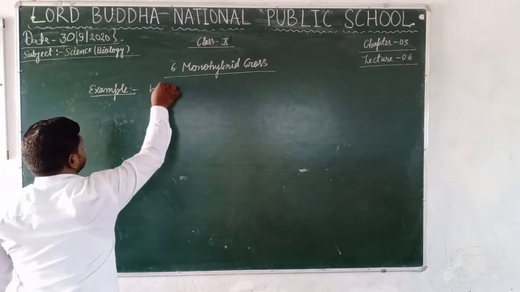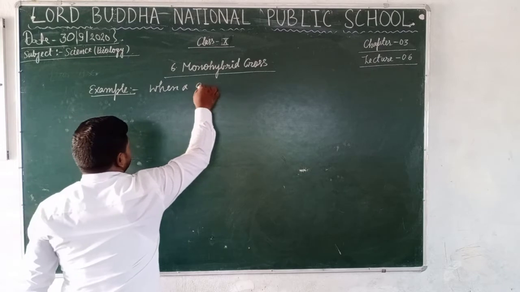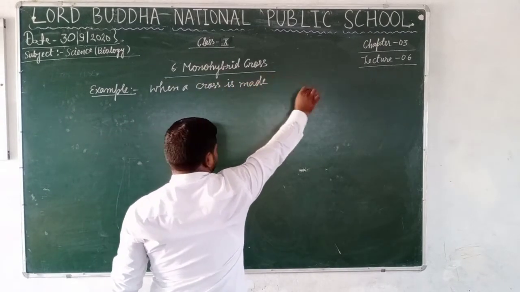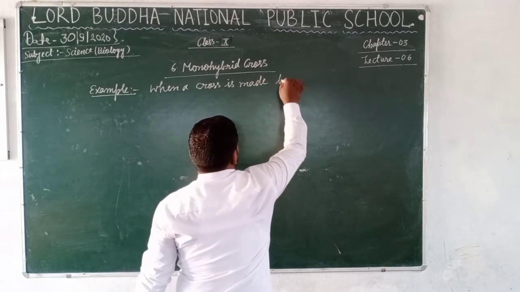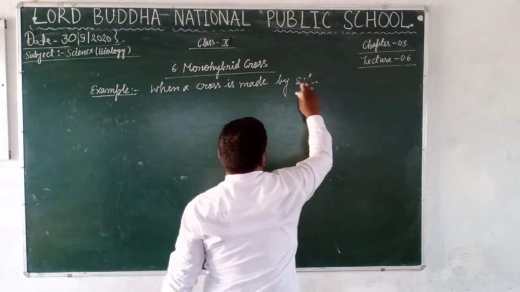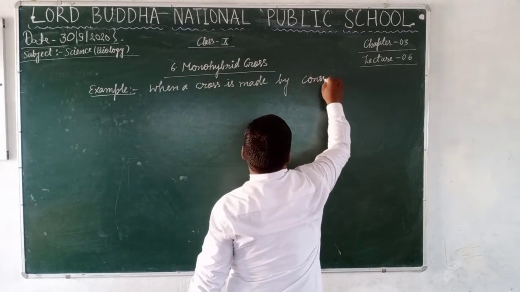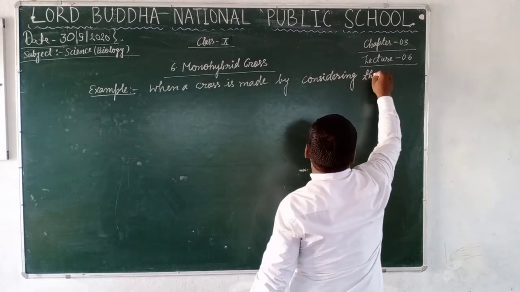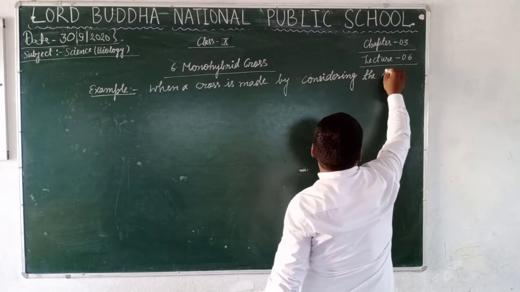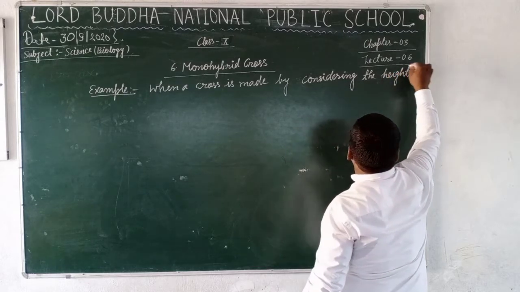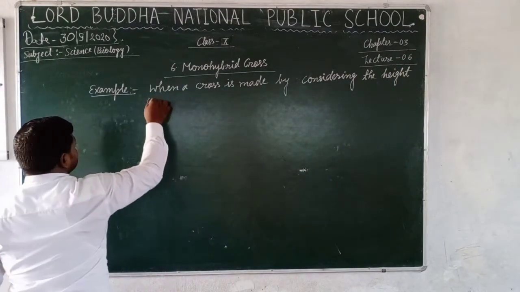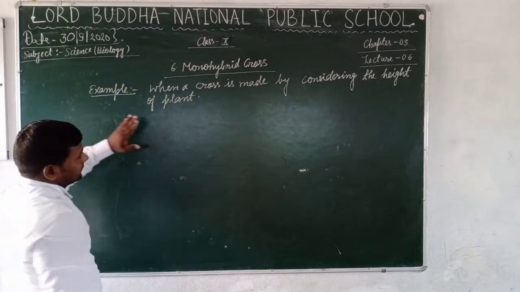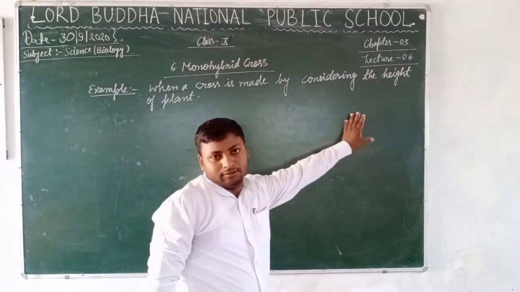When a cross is made by considering the height of the plant, what are the contrasting characteristics of the height of the plant?